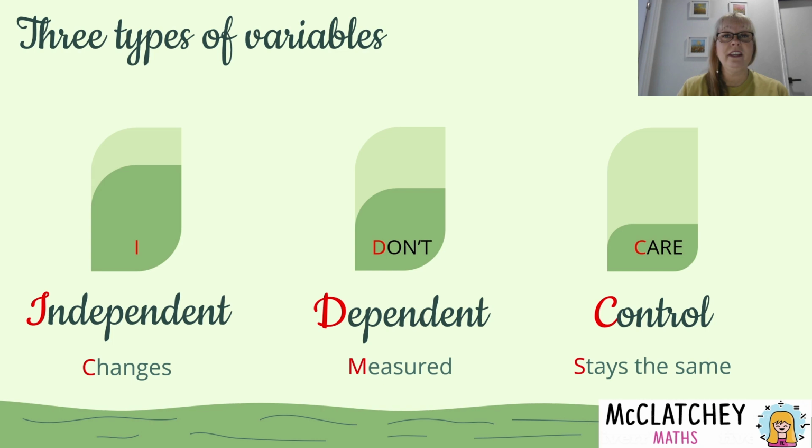So cows moo softly, I don't care. So that's a good way to remember cows moo softly, and then I don't care straight underneath that. That will tell you then that the independent is the one that is changed, dependent is the one that's measured, and that the control variable is the one that stays the same. So that's a little memory tool to help you remember which one is which.